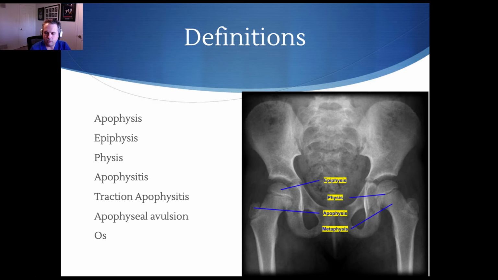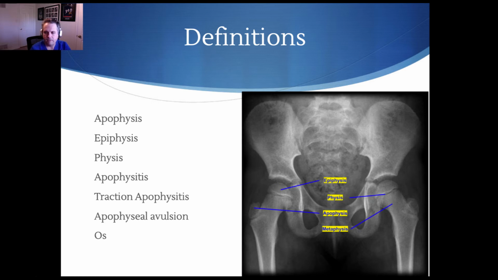So when we take a look at an AP X-ray of a pediatric hip, this is a child that's around 10 years old, it really allows us to see the different anatomical terms that are used and why there's a difference.